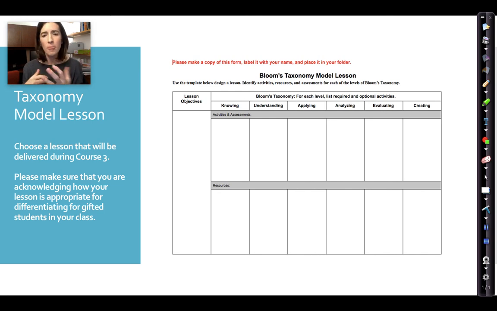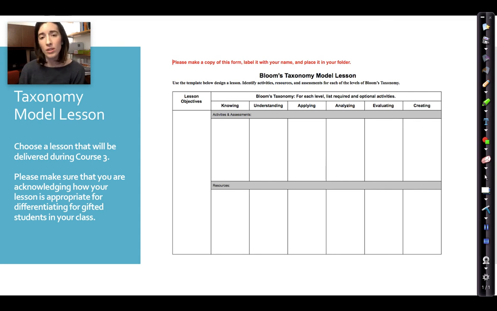And so make sure to do that however you like. I know we all lesson plan differently, but somehow make that known and make sure it's easy for me to see. Even if it's for your gifted students, whether you want to bold those statements or highlight the specific things that you think are going to be differentiated for your gifted learners. I think that would be really helpful.